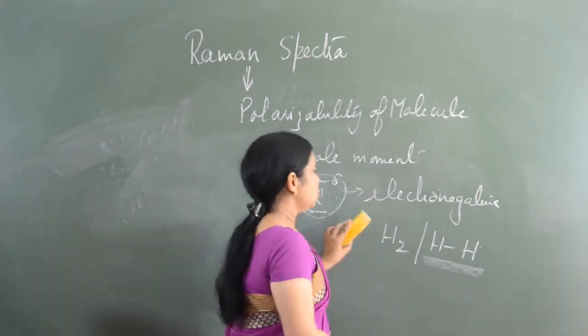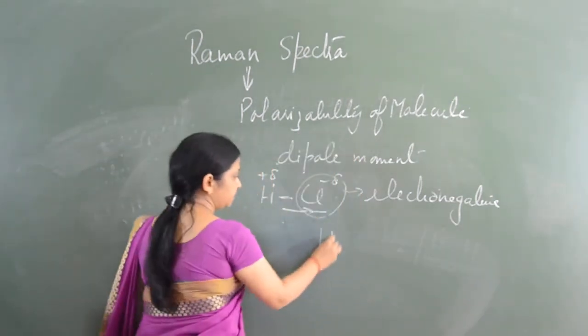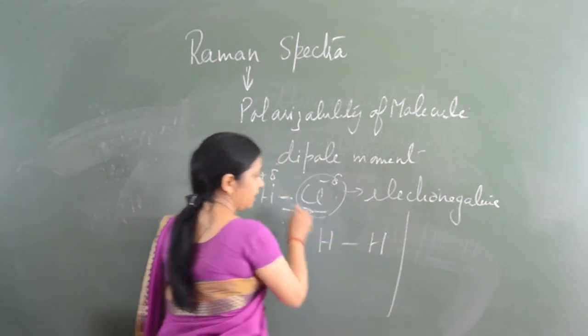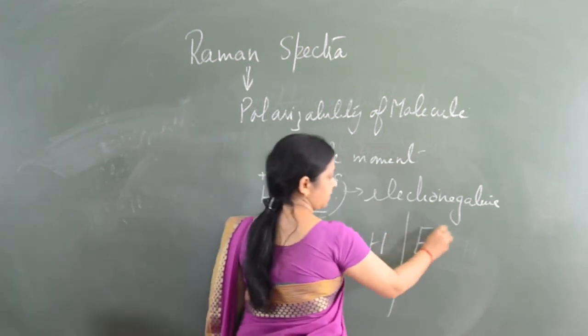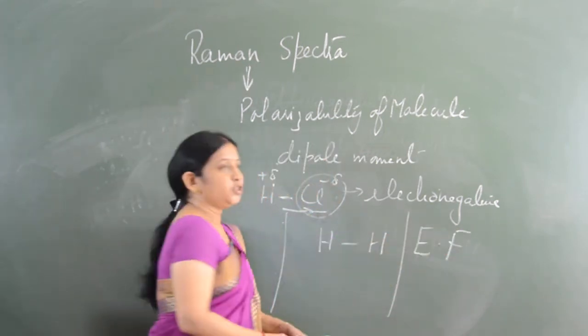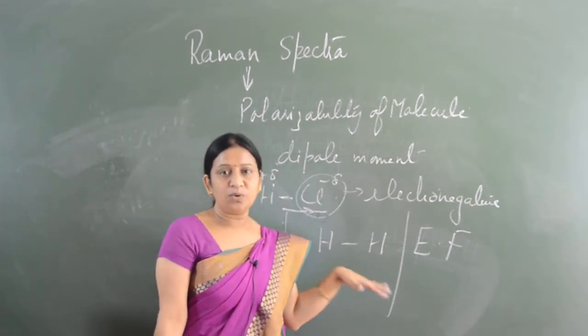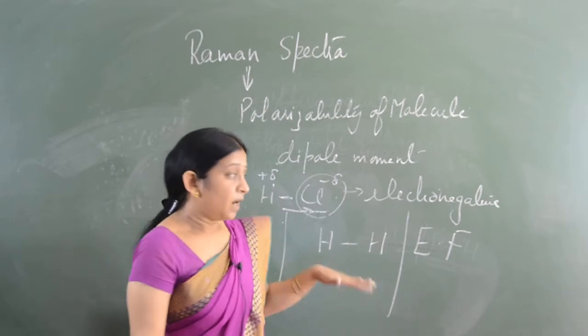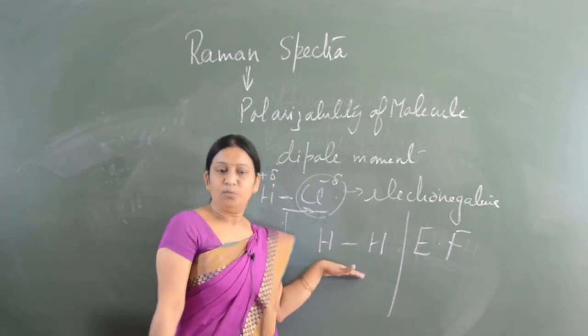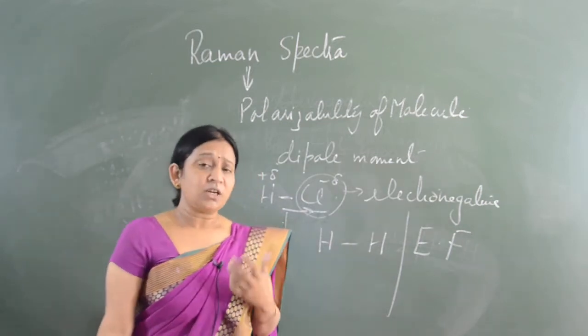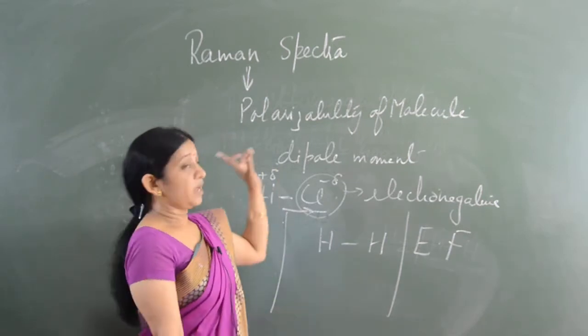But if I apply an electric field to the hydrogen molecule, then charge separation is going to take place. That means this molecule can be polarized, but it does not have a dipole moment. So dipole moment actually is a measure of polarizability.